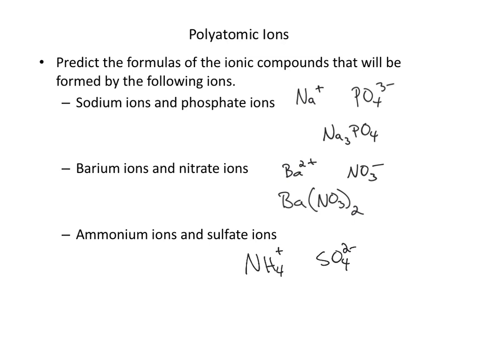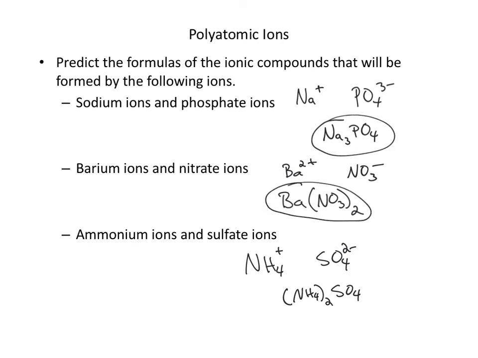So for the ionic compound formed between ammonium ions and sulfate ions, I would need 2 ammoniums for every 1 sulfate. So I would take the ammonium and put it in parentheses, and then the sulfate. And if you'll notice in all my answers, in the final formula there are no charges, because the ionic compounds themselves are neutral, even though they're made up of ions.